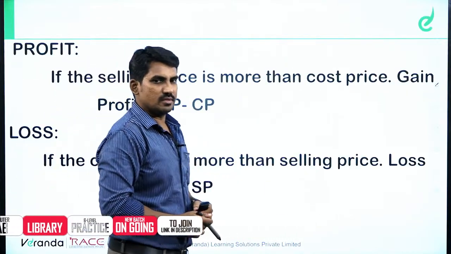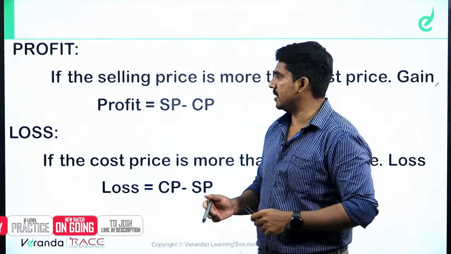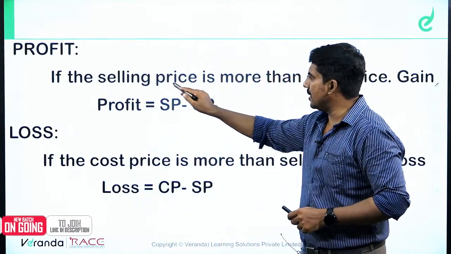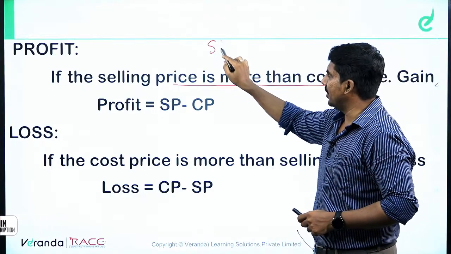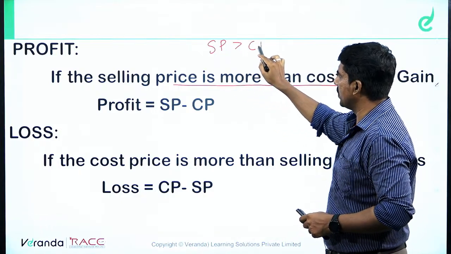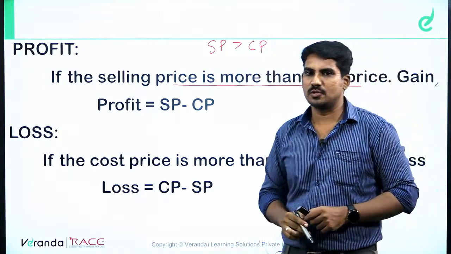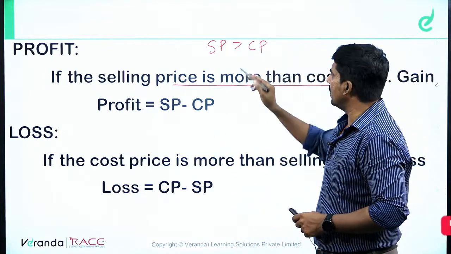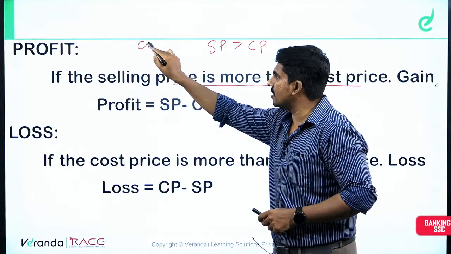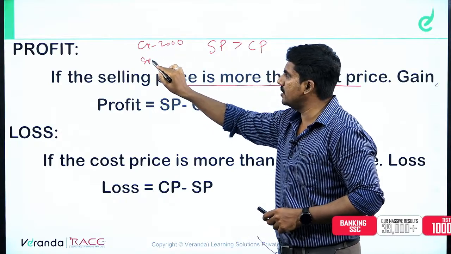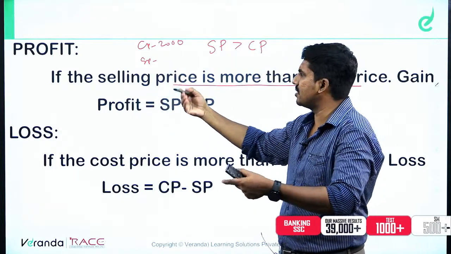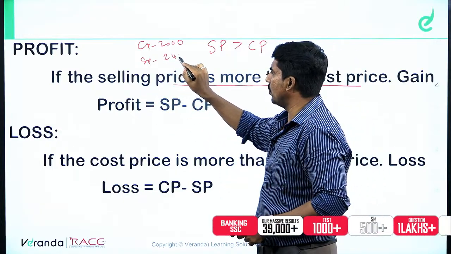Then profit, which we have already discussed. Profit is when the selling price is more than the cost price. I already told one example: the cost price of a mobile is 2000 rupees and the selling price of the same mobile or any article is 2400.